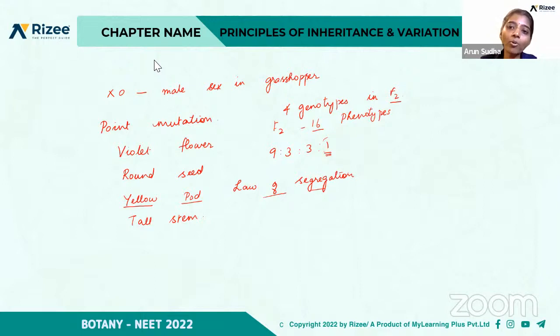So it is true only in some cases. Similarly, the law of independent assortment is also applicable only in some cases. In the case of linked genes, they will always be inherited together, so there is no separation or segregation. So that is also applicable only in limited cases.